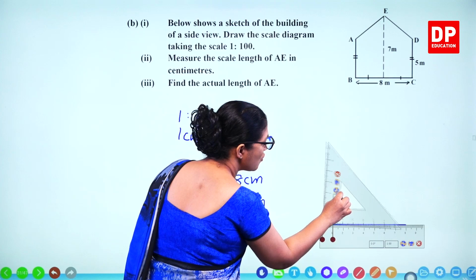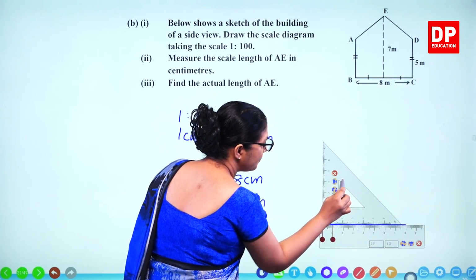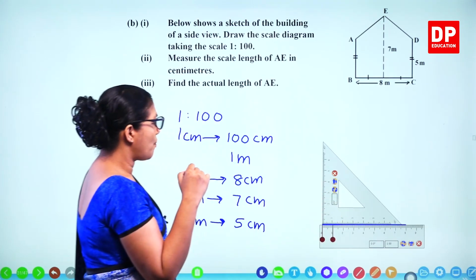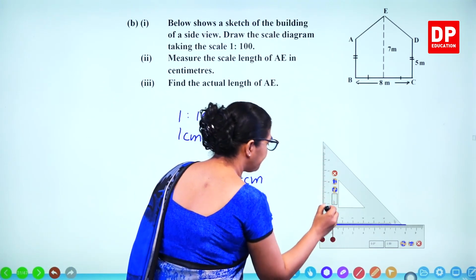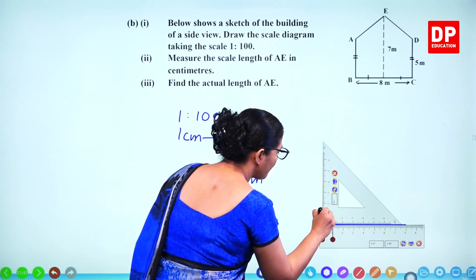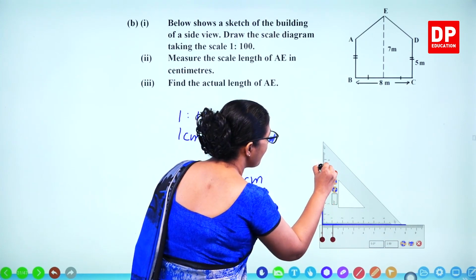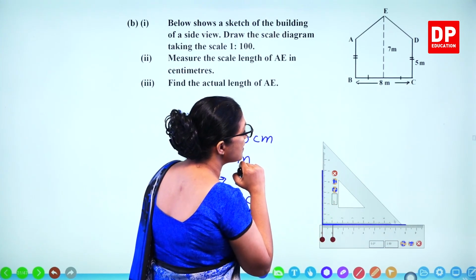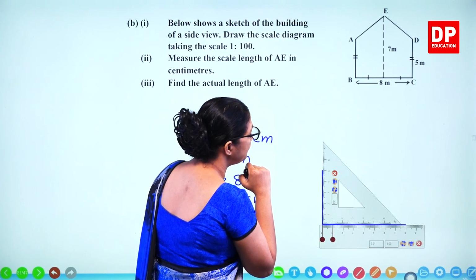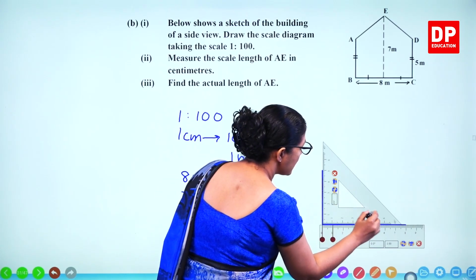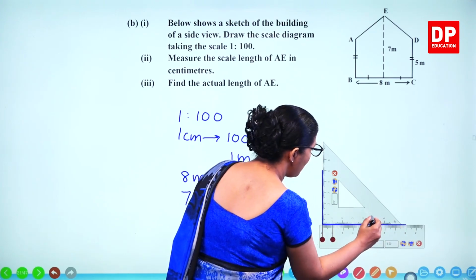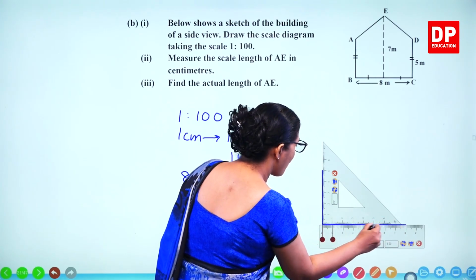So keep the set square on top of this line, and we can draw 5 centimeter length here. 5 centimeters. And then 4 centimeters.